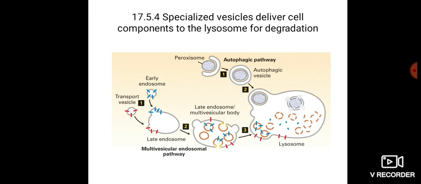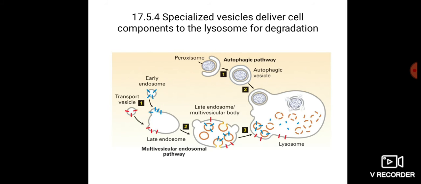So this is another example wherein autophagosomes are going to be there. Autophagy also uses the same process. In autophagy, you can see the peroxisome is going to get autophagocytosed by the vesicularization which happens through the lipid layers.